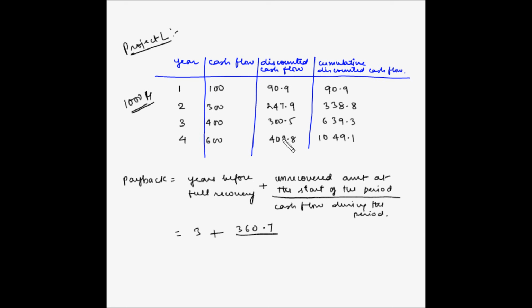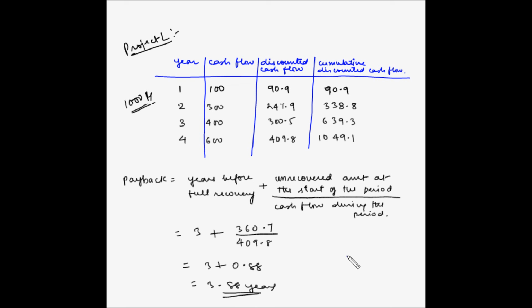So cash flow during the fourth year is 409.8. So this is equal to 3 plus 0.88, which is equal to 3.88 years.